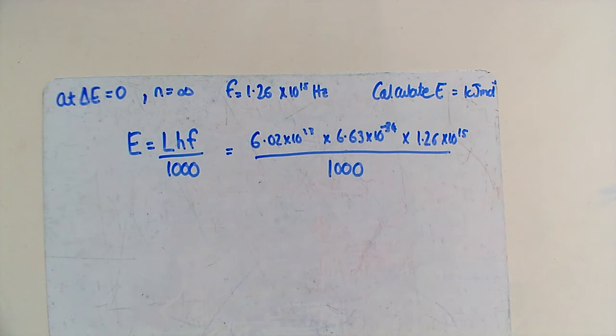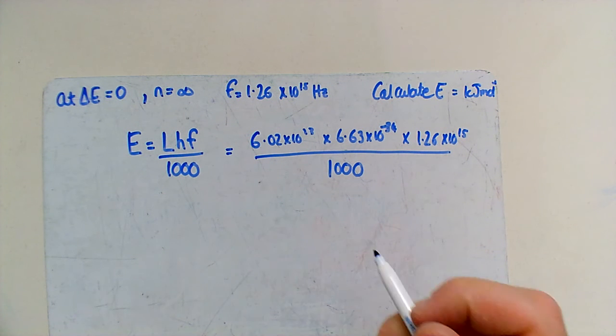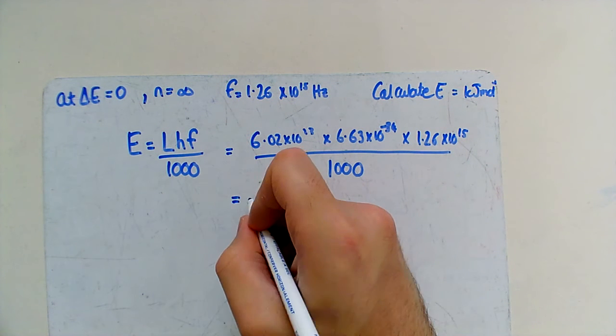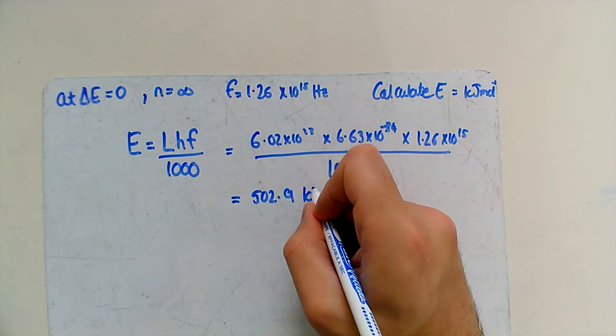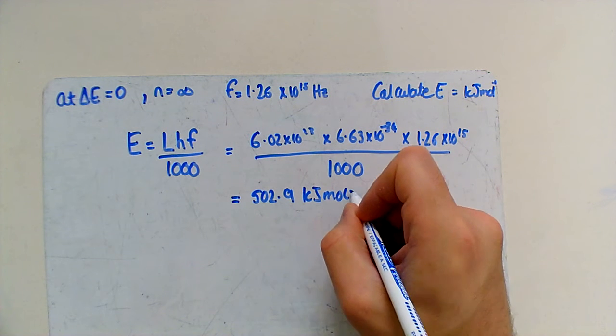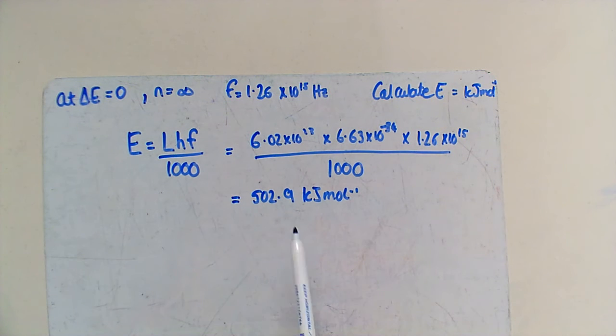Now again, I would put all of that in my calculator at once. By putting it into my calculator all at once, I avoid any rounding, and I ended up with 502.9 kilojoules per mole. You would be okay putting 503.